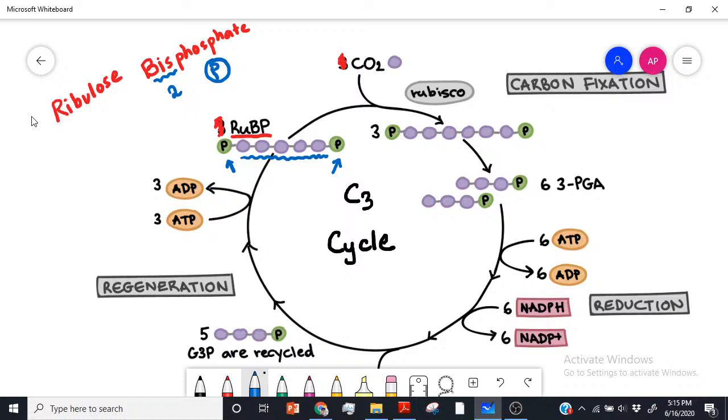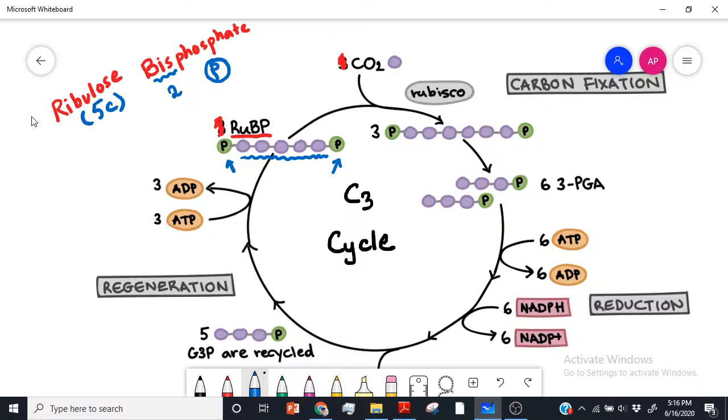Now, this ribulose is a kind of sugar. In the previous classes, we learned that there's something known as ribose, which is a 5 carbon containing sugar. Now, this ribulose is a similar kind of sugar which also contains 5 carbons in it, and it is similar to ribose.